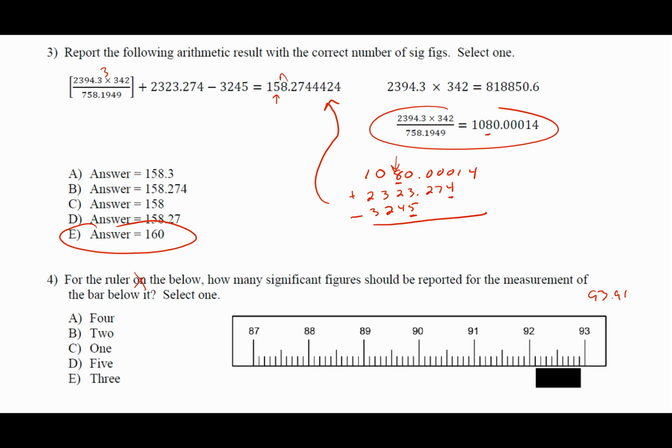And then, I'm sorry, it's 92.91, and then over here is 92, I'd say 0.9. So we'll do the math. 9 goes to 8. 11, that's 2.